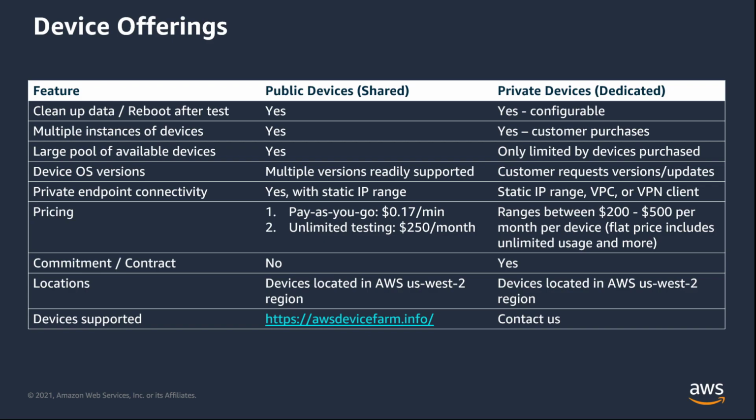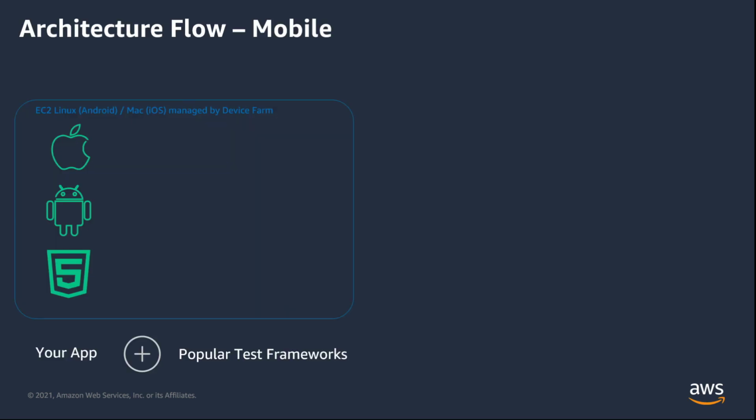Private devices can range between $200 and $500 per month per device, depending on the make and model of the device you choose. There are no additional costs for usage or OS upgrades on these devices. For private devices, a minimum of 5 devices for a 6-month commitment is required. After 6 months, you can swap the devices. Additionally, devices can be added at any time with a new 6-month contract.